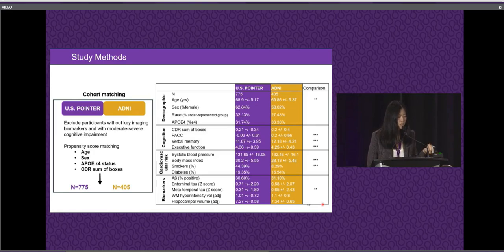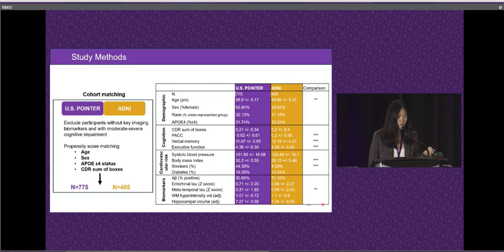So firstly, we excluded the participants without the key imaging biomarkers in both cohorts, and we also excluded the participants in ADNI with moderate to severe cognitive impairment because there's no significant cognitive impairment in the POINTER dataset. So after that, we conducted propensity score matching based on age, sex, ApoE4 status, and the CDR sum of boxes. The final sample size in POINTER is 775, and in ADNI is 405.